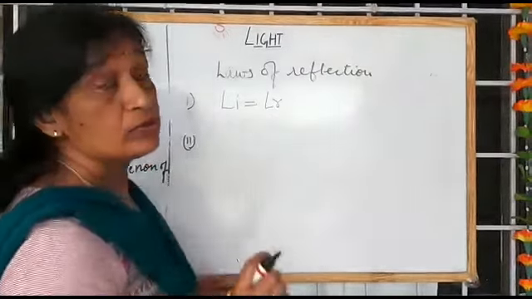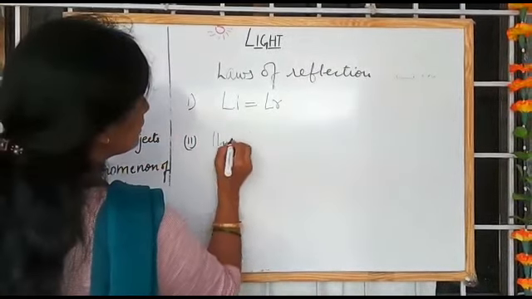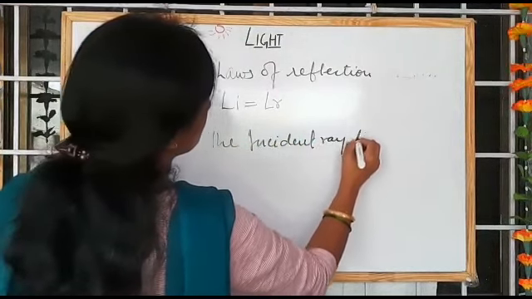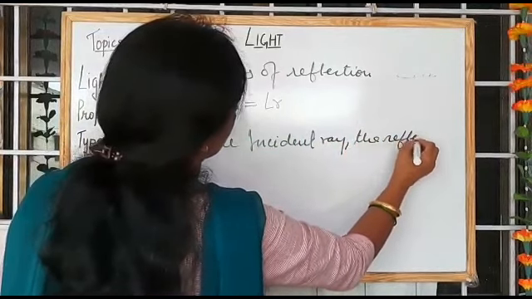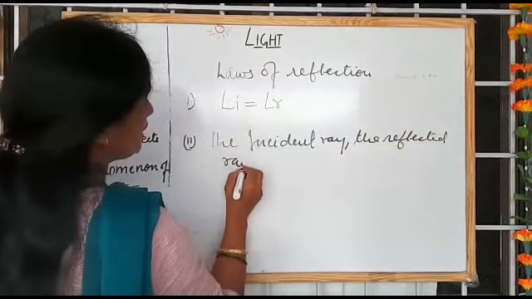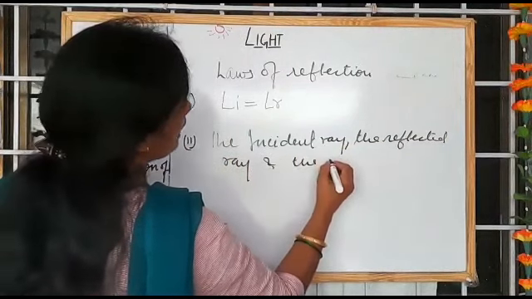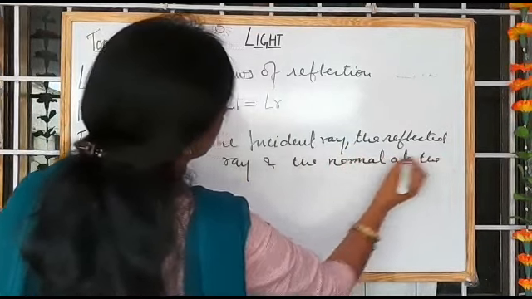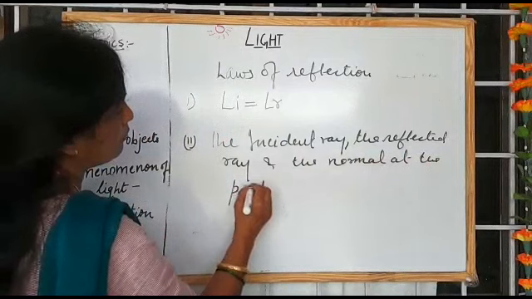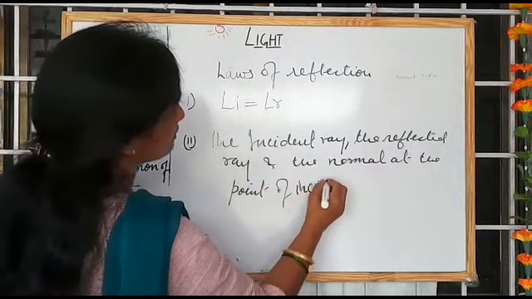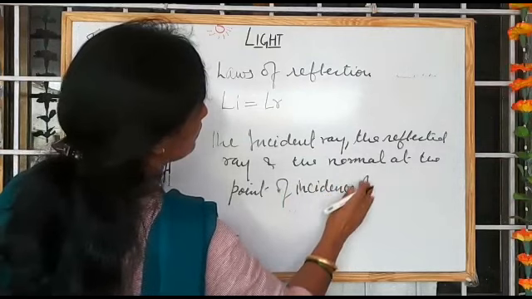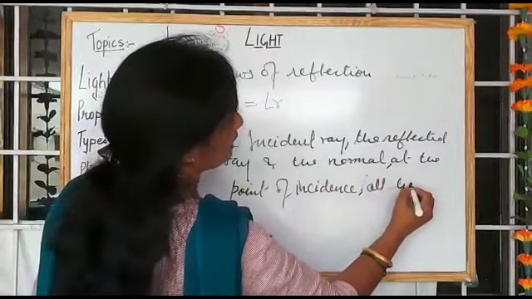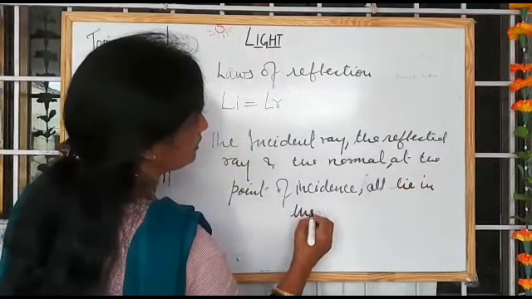The second is about the rays, and the three rays are the incident ray, the reflected ray, and the normal, at the point of incidence, all lie in the same plane.